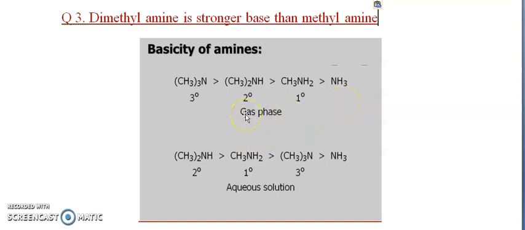Because in the gaseous phase amine molecules are well separated, far apart, but in aqueous solution they are hydrogen bonded with the solvent, so they are trapped with the solvent molecules. So when they are trapped with solvent molecules, the steric factor comes into the picture, but in the gaseous phase no steric factor comes into the picture, and the basicity of amine is decided by the inductive effect. So this is the explanation of this question.